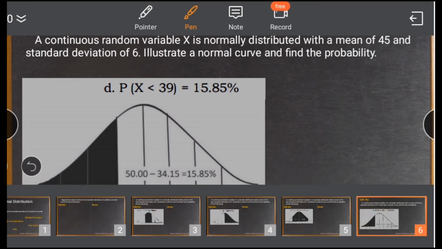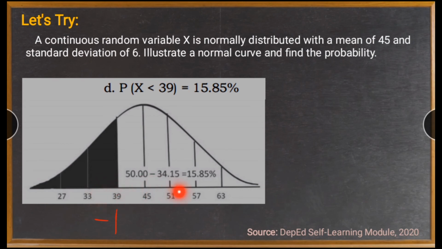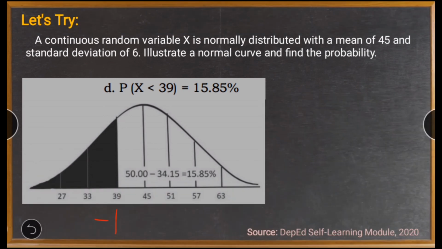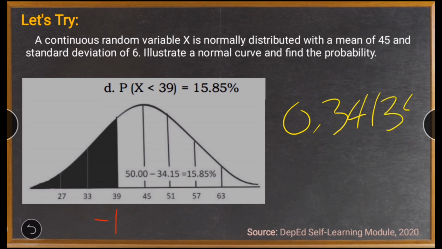As I said, from 0 to 1, that's 34.134. In here, it is rounded off, but basically, if you consider the exact one, we have a closer approximation, 0.34134.